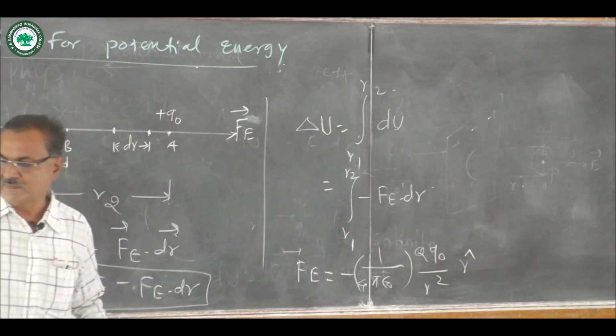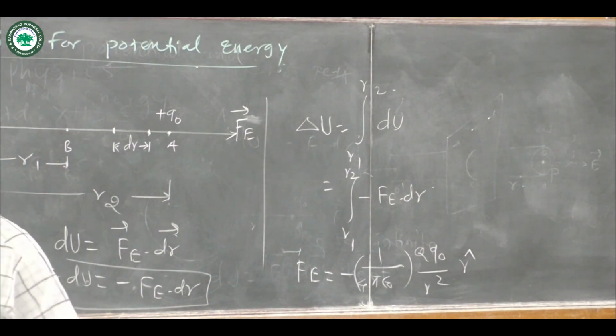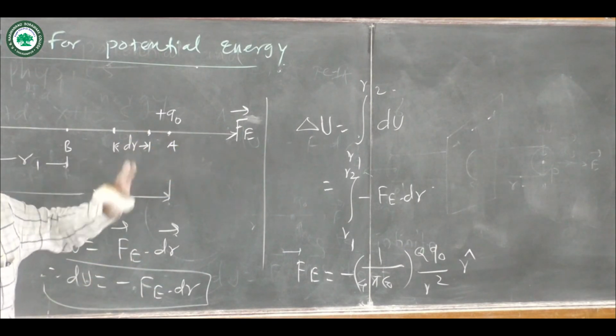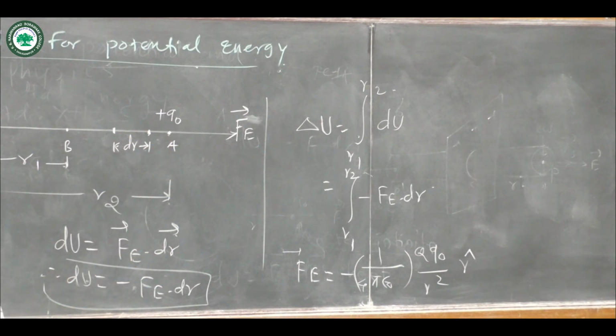Here r cap is a unit vector in the direction of vector r. Here also the negative sign shows that vector r and vector Fe are in opposite directions.